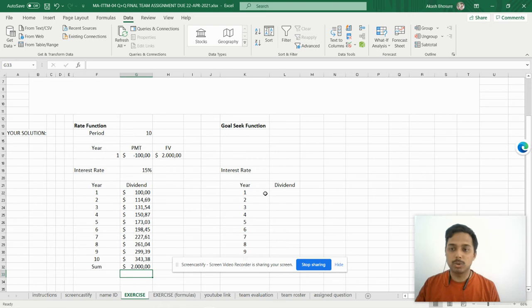Now let's solve the second case using the Goal Seek function. If we assume growth rate exists only till the fifth year and then is constant, we can solve this question using Goal Seek.